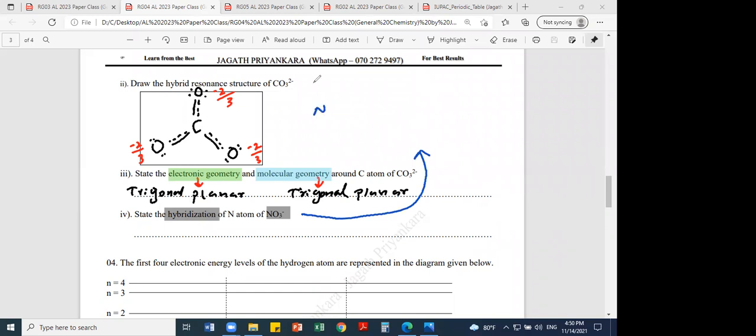If you draw NO2 minus, nitrite ion, it's like this. The minus charge appears on this oxygen. Nitrite ion is angular. Then you have to put 3 lone pairs here like this, then here you have 2 lone pairs.